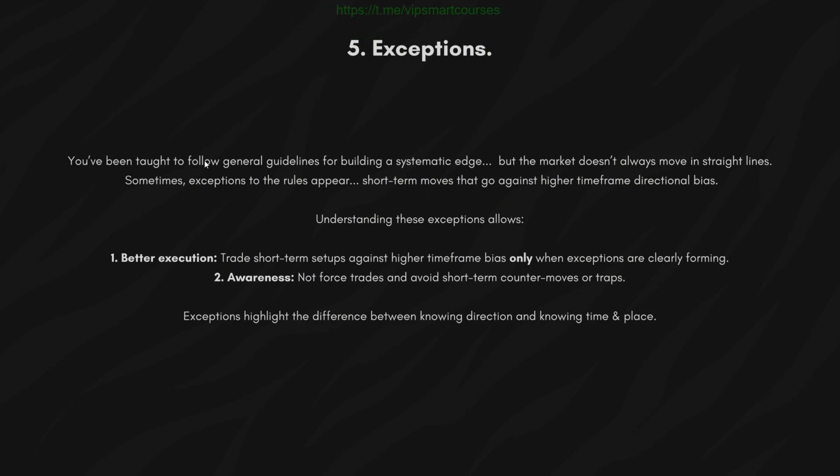Now today is Friday, and even though the higher time frame bias is bullish, the draw on liquidity is higher, and we have a bullish context on the 4 hour, what usually happens is that you take a bullish trade off of that 4 hour context, you lose that trade, and price goes against the higher time frame bias and makes a counter, shorter move on Friday. That's an example of an exception where the market goes against the higher time frame bias.